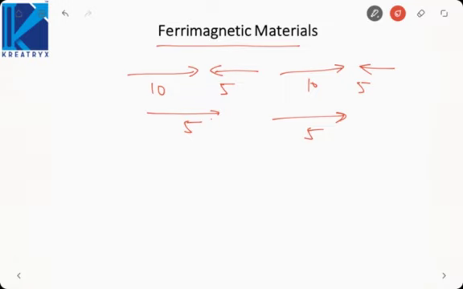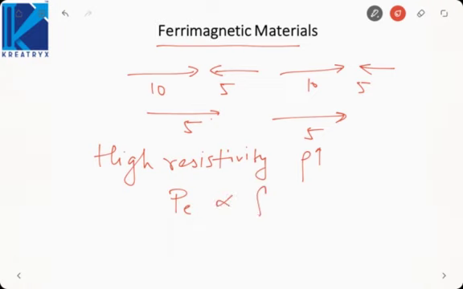Then why should we go for ferrimagnetic materials? The thing is, they have very high resistivity. And as we will study later on, eddy current losses are directly proportional to frequency squared by resistivity. So if you increase the frequency, eddy current losses will increase.